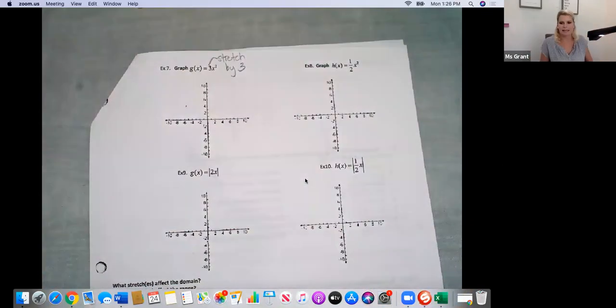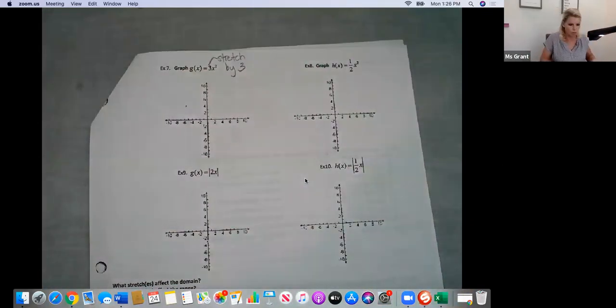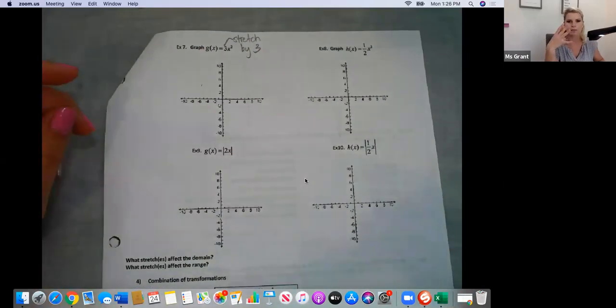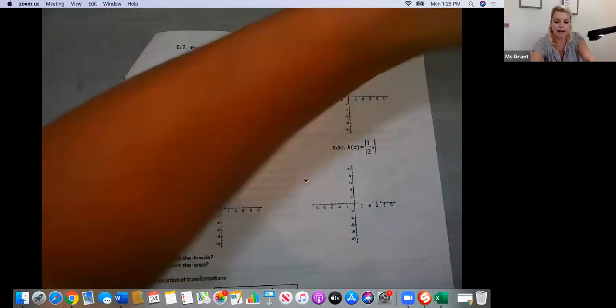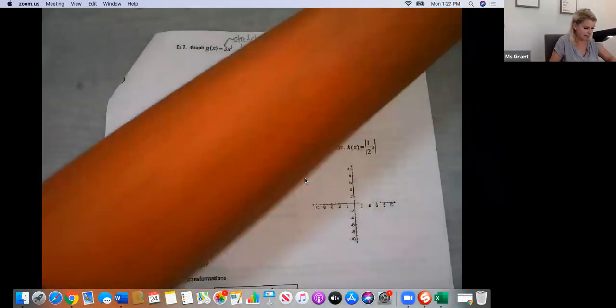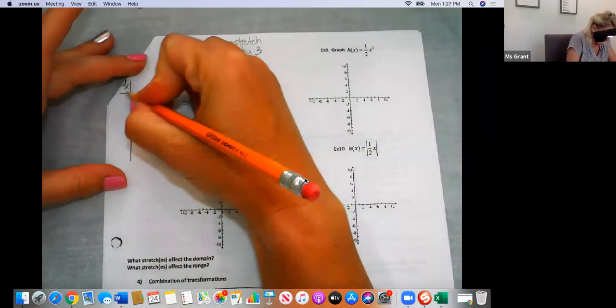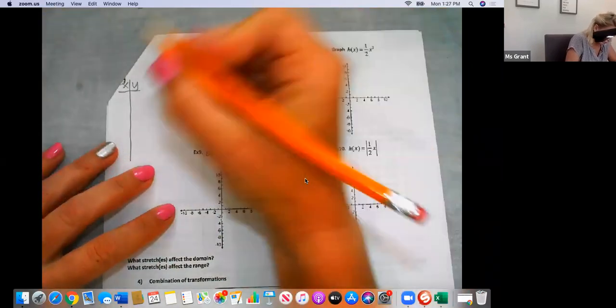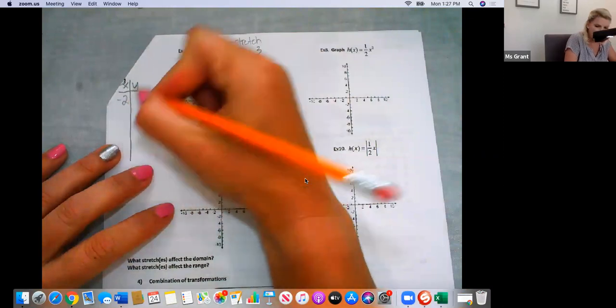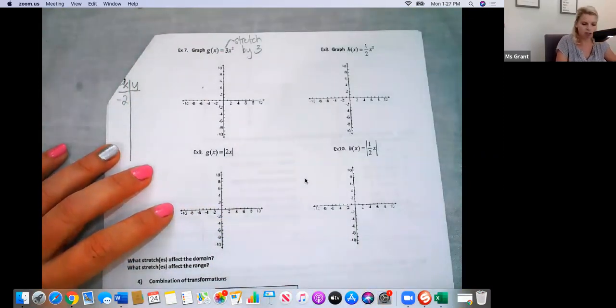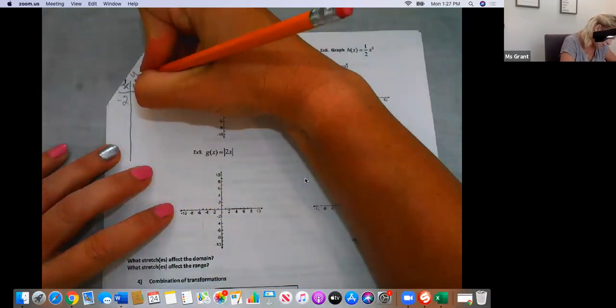So that's what the 3 does. That's the A, right? So we know that our quadratic parabola table of values parent function is this. Think about it, x squared. This is just the parent function. Y equals x squared.